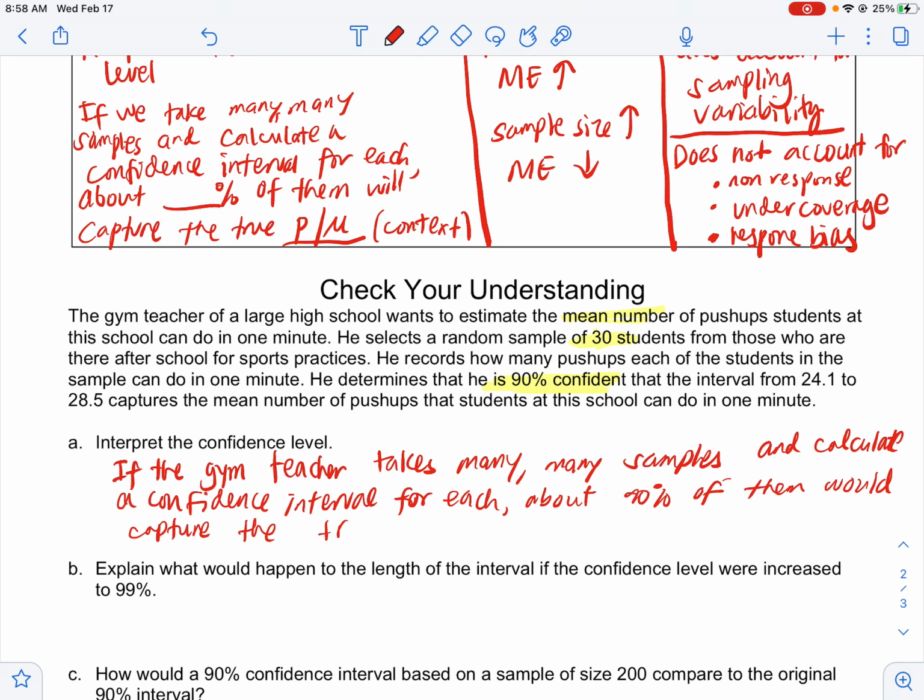Okay, make sure true, not true proportion, but the true mean number of push-ups for students at this school.